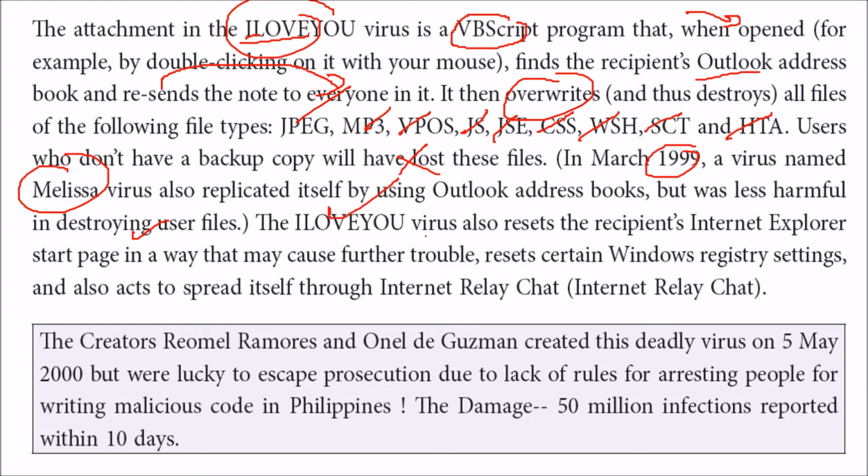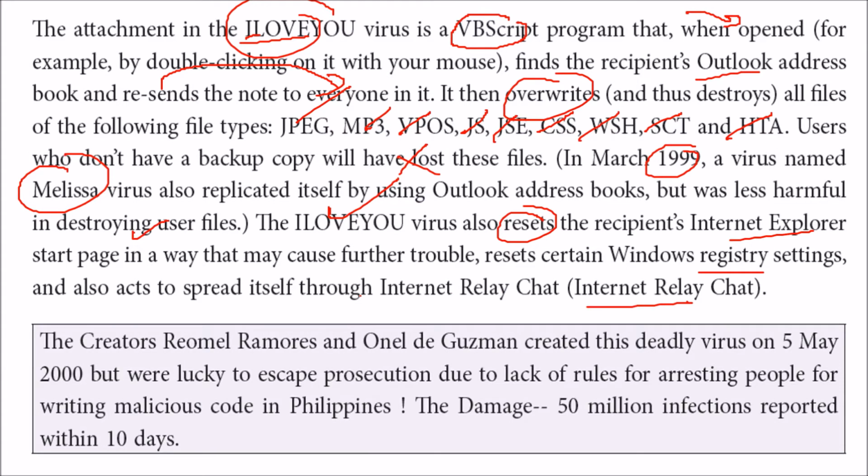The I Love You virus also resets the recipient's Internet Explorer start page. It means the web browser you use is also attacked, and it also goes to the Windows registry and resets it. It can also spread itself through Internet Relay Chat.